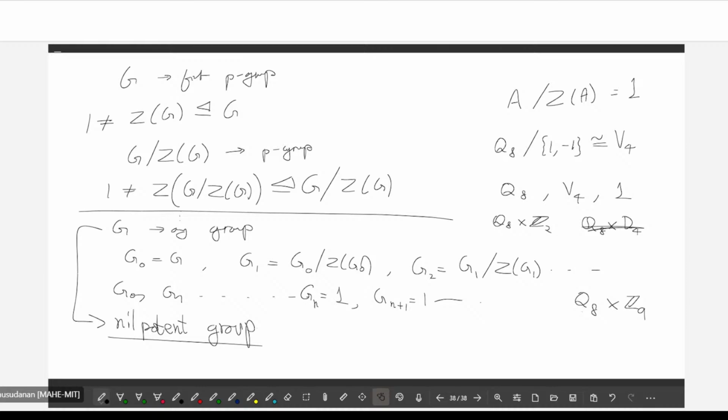So the idea is you are slightly weakening the condition of abelianness, commutativity. Why is it a weakening of commutativity? One sense is that all abelian groups satisfy this property, but also the idea is that although the center may not be the entire group, when you quotient it, ultimately you get something abelian.